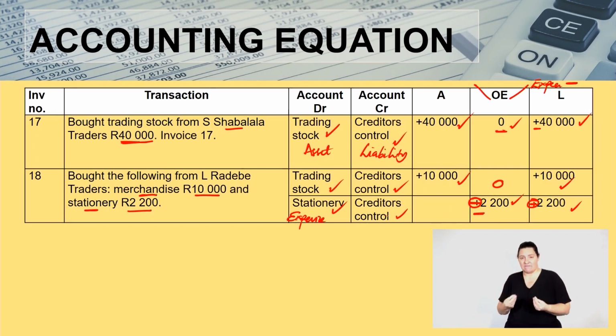And when you have had that expense on credit, therefore your liabilities will increase and you have a plus 2,200. So I wanted you to get this part very, very carefully. And then the net effect therefore becomes 0 because you have a minus and a plus. The net effect becomes 0.